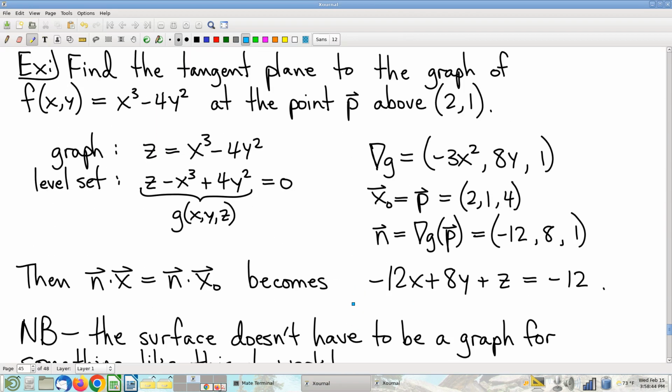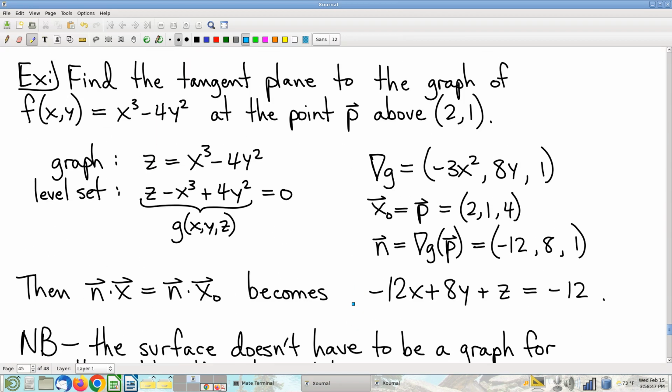Okay, quick example. Now, I could just plug into the equation on the previous page, but just to elaborate on the argument, right? And the argument being the object of interest here. If you're asked to find a tangent plane to a graph of a function, you can use the same trick we just got through using. Here's the graph that I've been asked to find a tangent plane to.